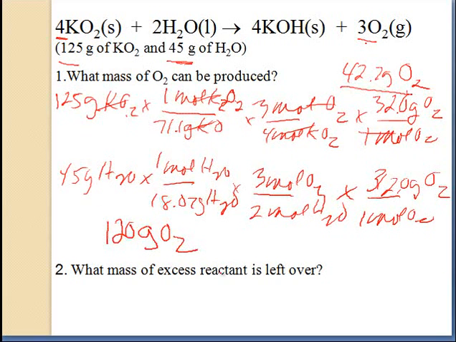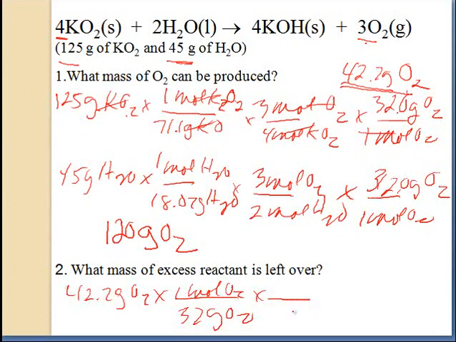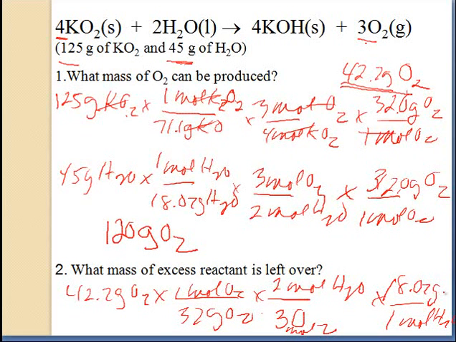So what mass of excess reactant is left over? What I'm going to do is say I can make this much oxygen, 42.2 grams of oxygen, and what I know is 32 grams of oxygen is 1 mole of oxygen, and that I get 3 moles of oxygen for, I'm trying to figure out water, for 2 moles of water, that's my excess, and that 1 mole of water is 18.02 grams of water.